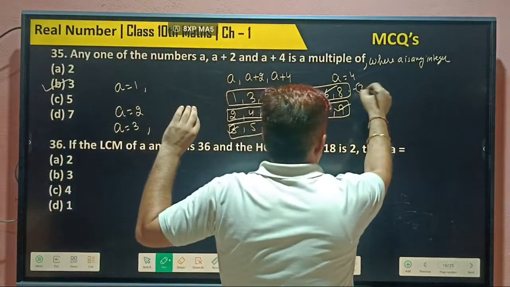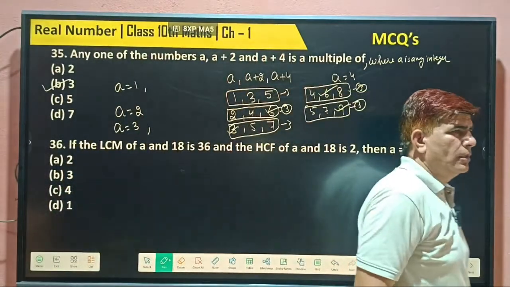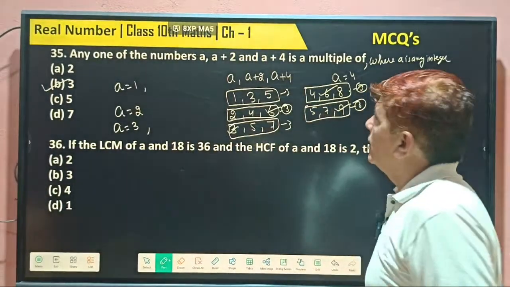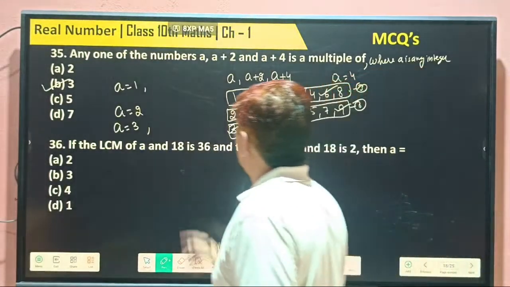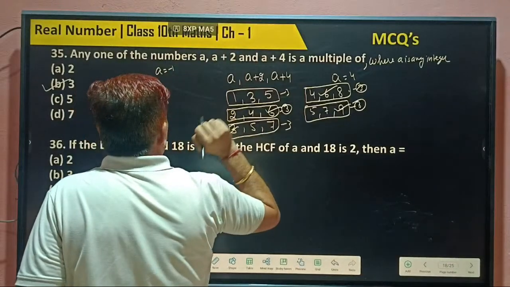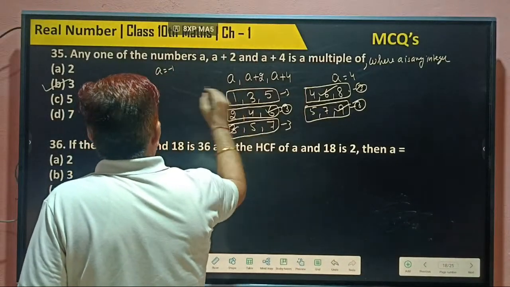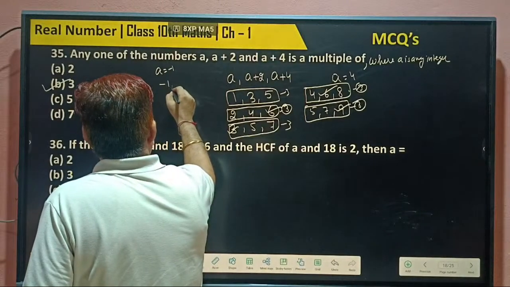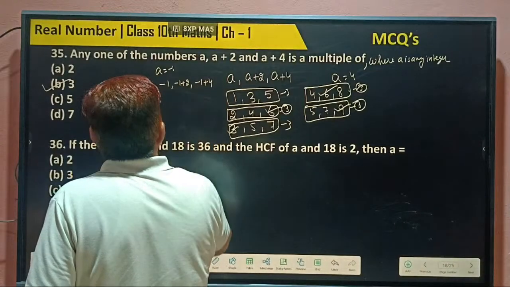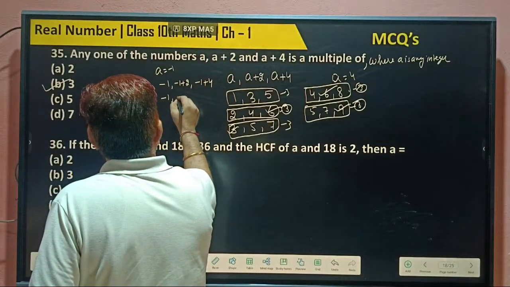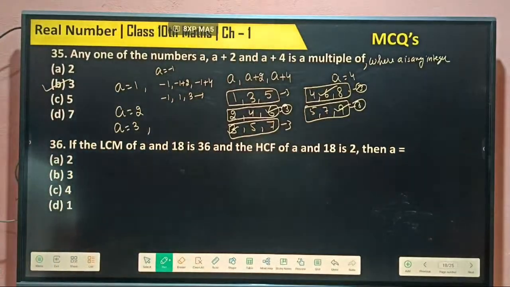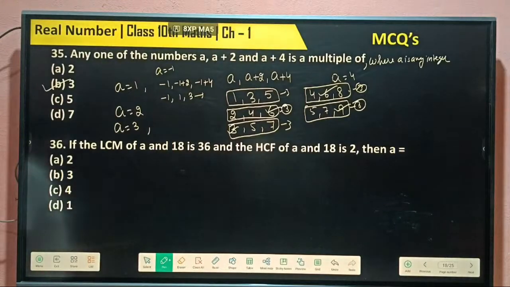So if this type of number is given and a is an integer, then it is a multiple. Otherwise you can take a equal to minus 1. Minus 1, minus 1 plus 2, minus 1 plus 4. So what's coming? Minus 1, 1, 3. This is also a multiple of 3. Got it?